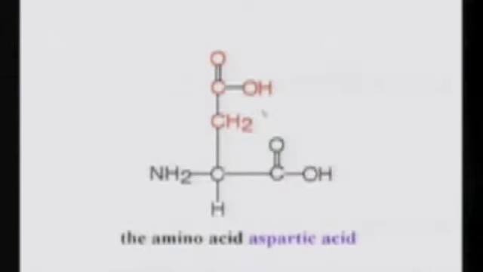Now, would aspartic acid have calories? Yeah, because where are calories? Carbon bonds. Especially in carbon-carbon bonds. So there are calories in aspartame. It's just that the taste buds perceive it as incredibly sweet.